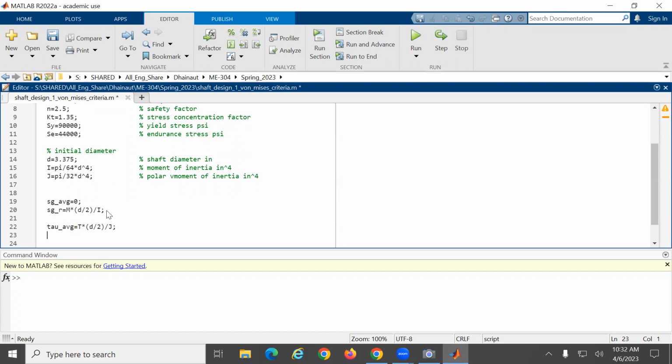And now in this problem, we say that the tau sub R was equal to what? 1.2 times the tau average. Okay, so maybe let's start here since we have time.